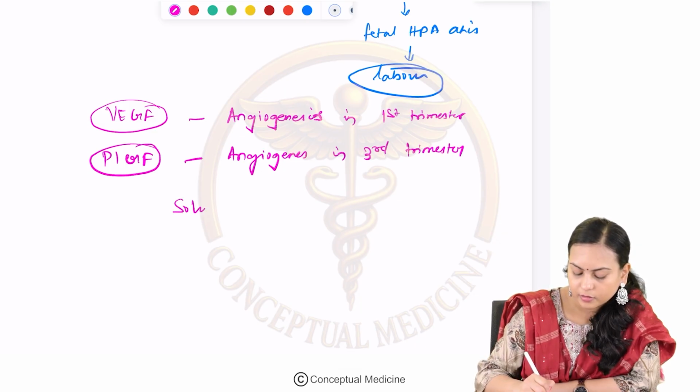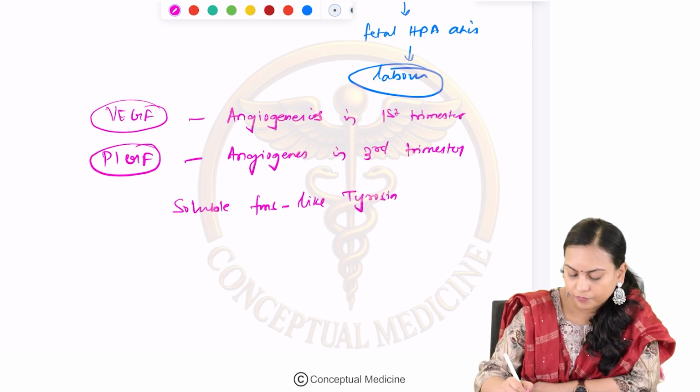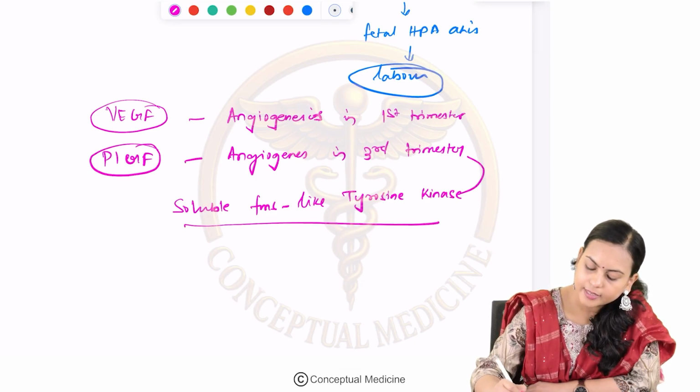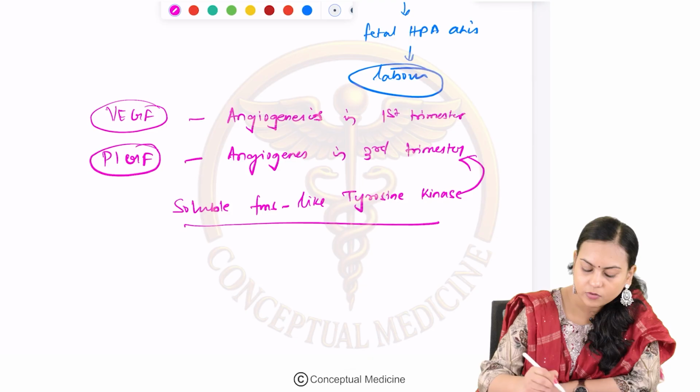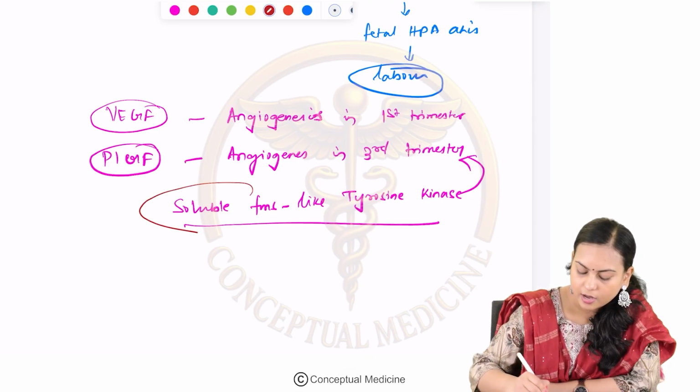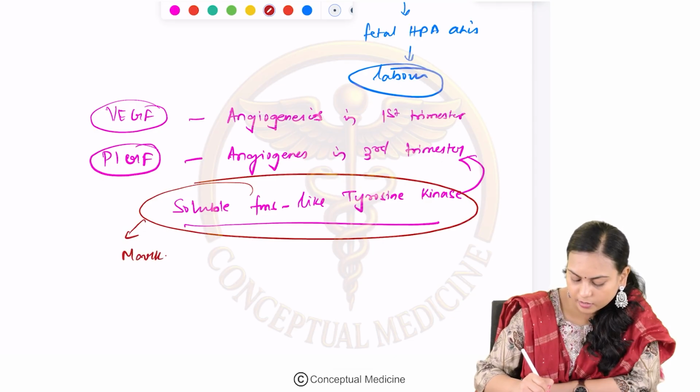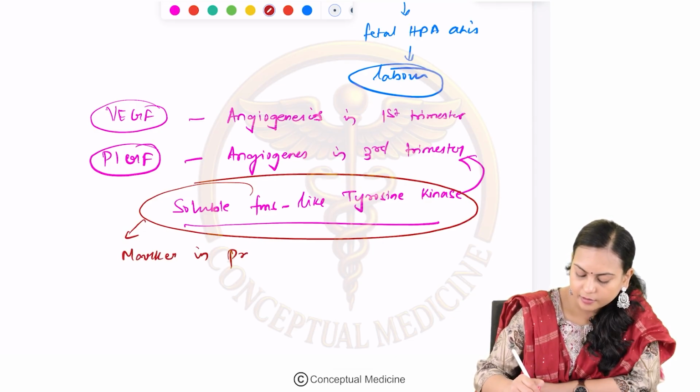Soluble FMS-like tyrosine kinase is going to antagonize this action. So, this can be taken as a marker in preeclampsia.